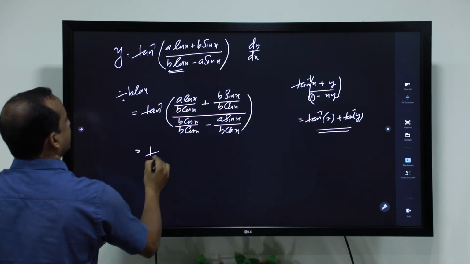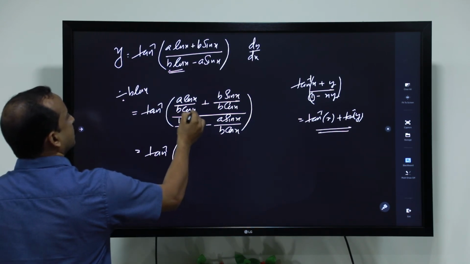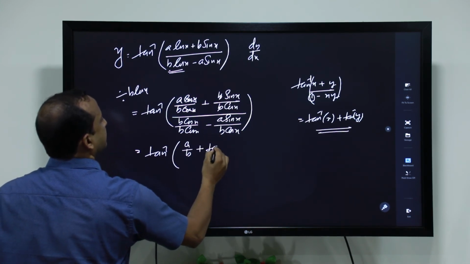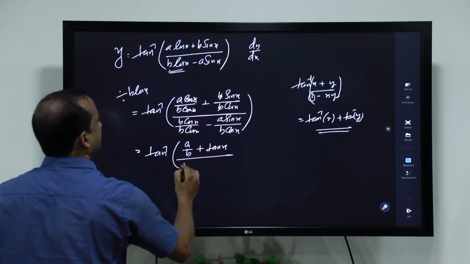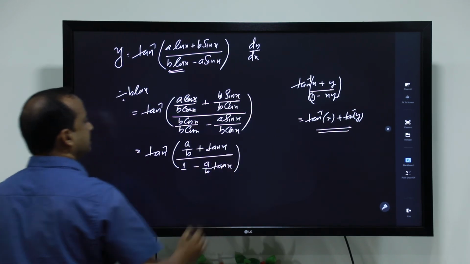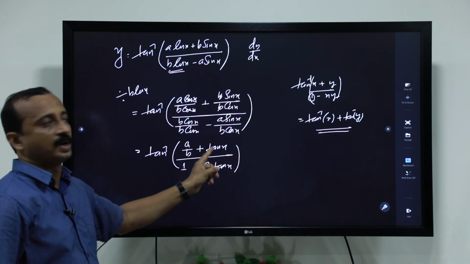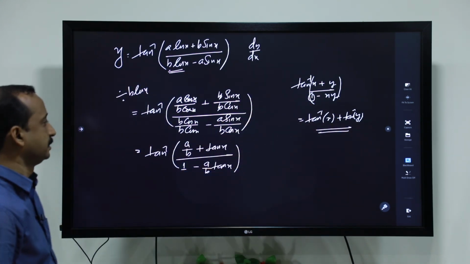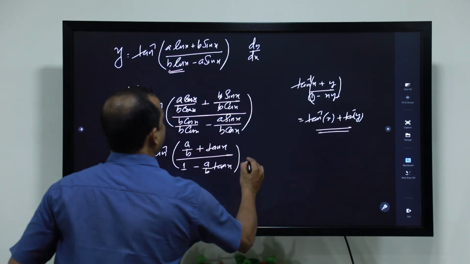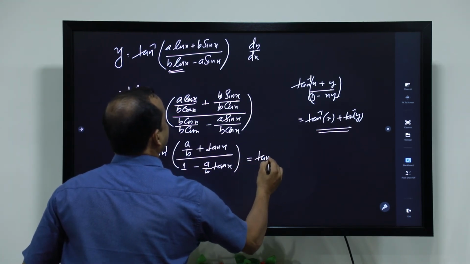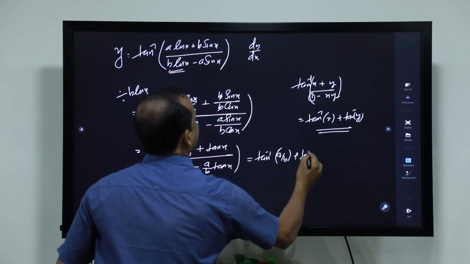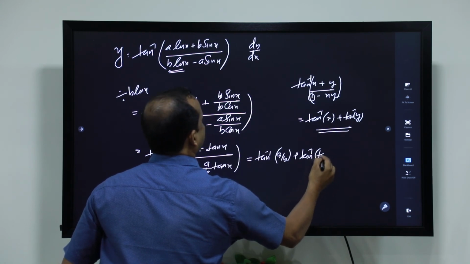That is equal to, we get tan inverse of, here cos cancels, a by b, plus b cancels, sin by cos is tan x, divided by 1 minus a by b into tan x, which is of the form tan inverse of (x plus y) by (1 minus xy). Here the x corresponding term is a by b and the y corresponding term is tan x, and therefore using the formula we get tan inverse of a by b plus tan inverse of tan x.